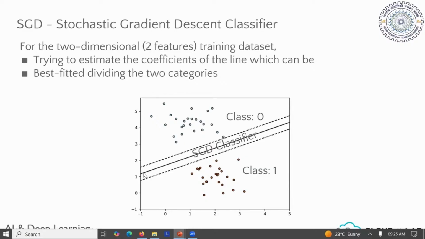If you change the c value, the intercept value, the shifting of the line will change. So we need to learn the optimal slope and the optimal intercept value.